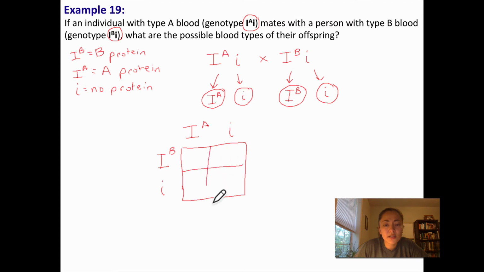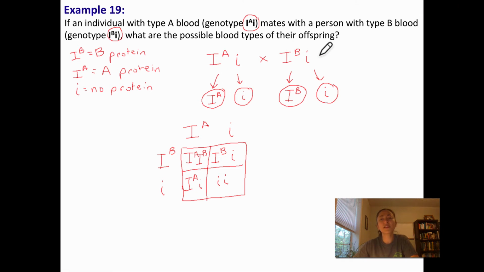Each allele, or gamete, gets its own column and row, and then we just do what we did before. We're going to put these letters together. If this gamete fertilized this gamete, we would get IA IB. If this one fertilized that one, we would get IB little i. We would get IA little i. And in this one, we would get little i little i.